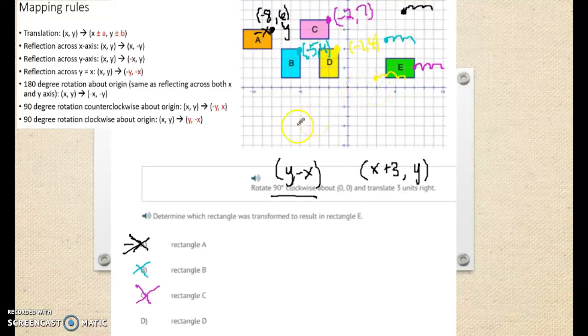Oh, because I put it at 3, 1. Good thing we're checking. Okay, sorry, so I need to put it at 4, 1. And then I can move it 3 units to the right, and it does end up on the rectangle. So now I'm feeling really confident. You can check the rest of those vertices, but I'm feeling really confident that that one's going to work.